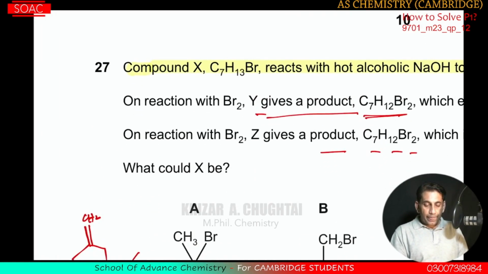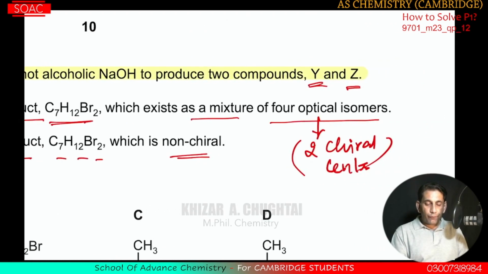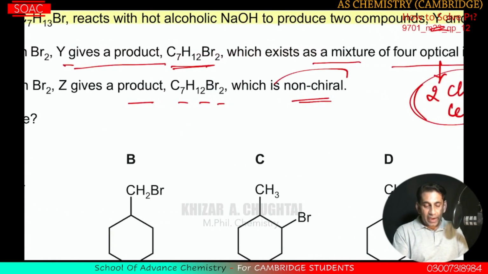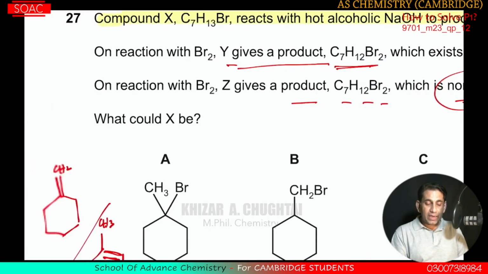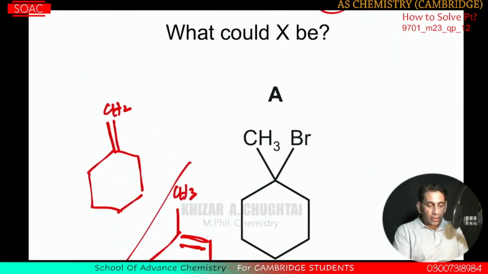Now what is Y? Y is going to react with Br2 to give a mixture of 4 optical isomers, with 2 chiral centers, and Z is not having any chiral center when it is allowed to react with bromine. So if I react it with Br2, the double bond is broken, and here is one Br, here is the other Br.